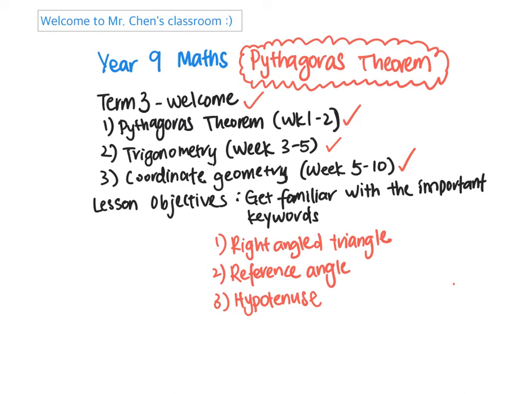Have you heard of Pythagoras' theorem? Pythagoras' theorem involves a right angle triangle, and we need it because it can help us solve a lot of equations and a lot of issues with length and ratio.